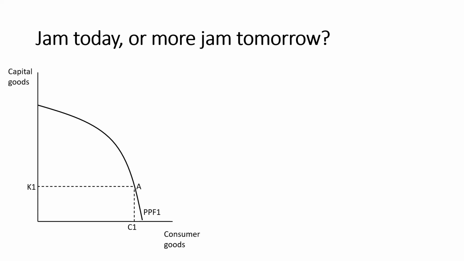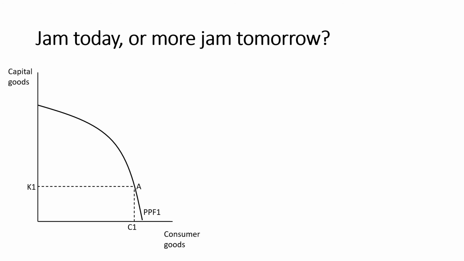At the moment we're not really investing very much because we're only producing K1 capital goods. But we're probably having a great time in the short run because we're producing quite a lot of consumer goods in comparison. Notice that C1 is much further along the x-axis than K1 is up the y-axis.